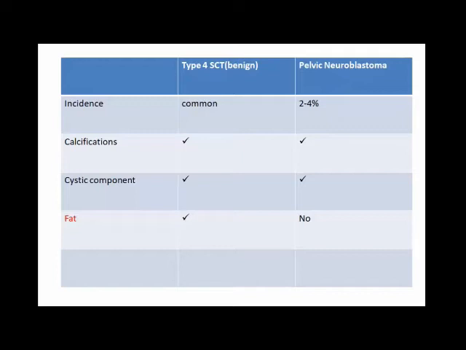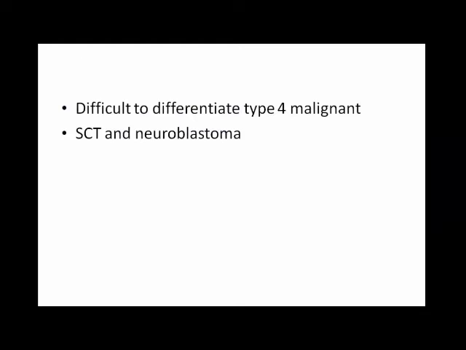Calcifications and cystic components can be seen in both conditions. But regarding fat, it is a typical feature of teratoma. It is very rare in neuroblastoma. So if we are able to see fat in a presacral lesion, then we can narrow down the diagnosis to teratoma and exclude neuroblastoma. And it is very difficult to differentiate malignant teratoma and neuroblastoma, ma'am, because both show intraspinal extension.